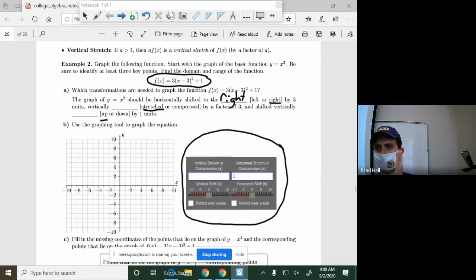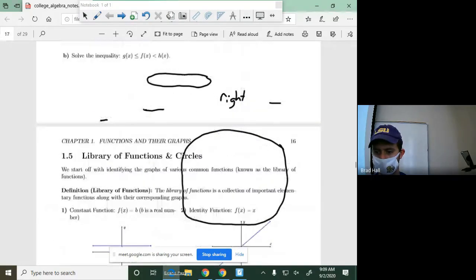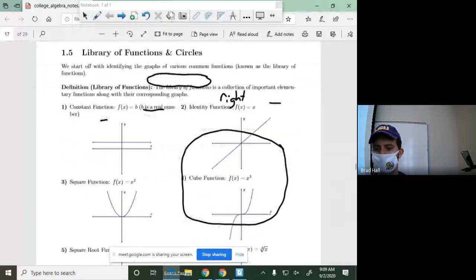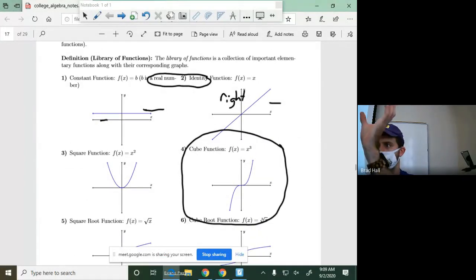That second power tells us the parent function. Remember, those are the library of functions that we talked about before. So if we scroll up right fast, what's the square function look like? Over here on the left, number 3, it's the cup shape.